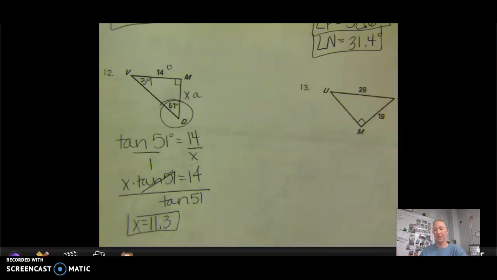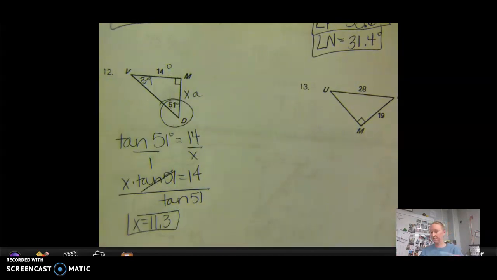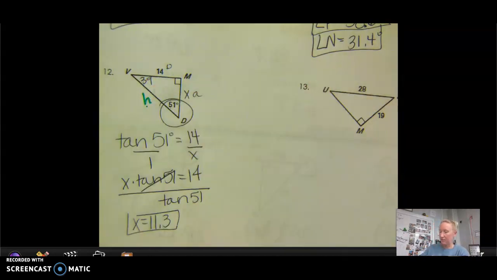I could then use Pythagorean theorem if I wanted to find this third side, or I can just use another trig function. I'm just going to use another trig function. This is hypotenuse, so I'm going to use this angle again. So that's O and H. That would be sine. So I'm going to do sine of 51 equals O, which is 14, over H, which is just H. We don't know that. That's what we're finding.